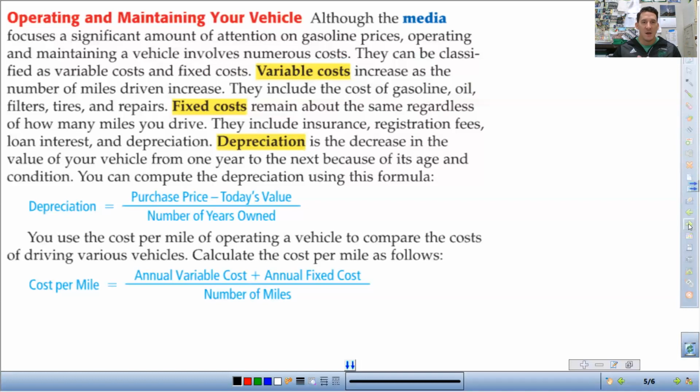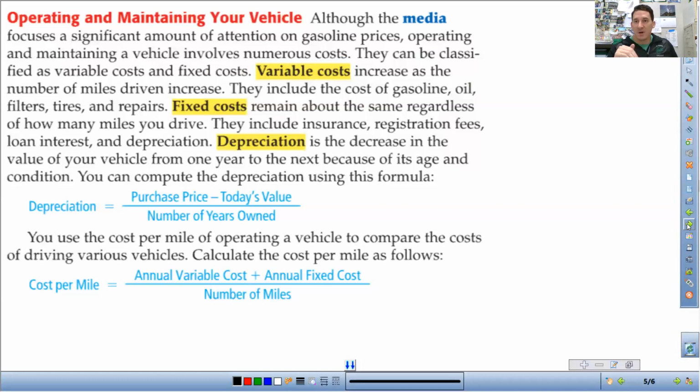Depreciation: one of the things about cars is they lose value. If you buy a car for $20,000, in a year it's only going to be worth like $17,000. It's going to decrease year to year, and also depending on its condition. Things figured into the condition include how many miles have been driven on it and whether there have been any major accidents.